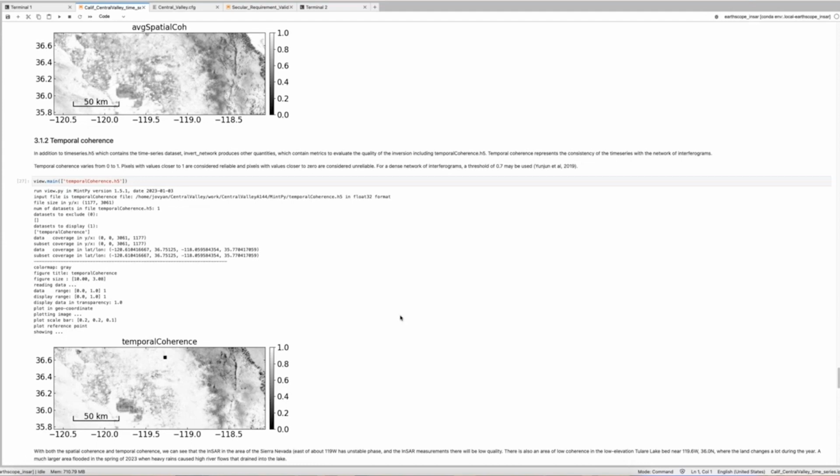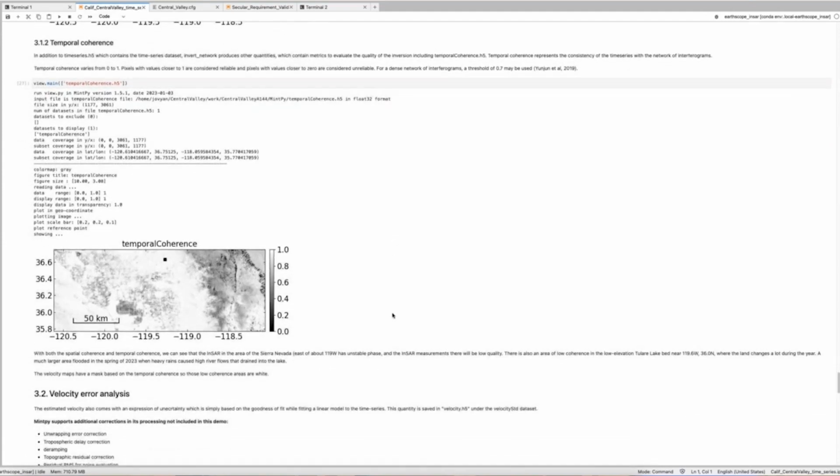That's a good indication that they're both measuring the same kind of processes. But the temporal coherence is actually the method that's most accurate for estimating the errors in the velocity.